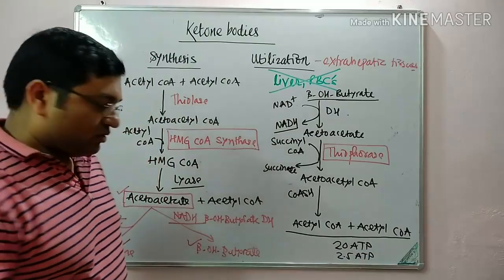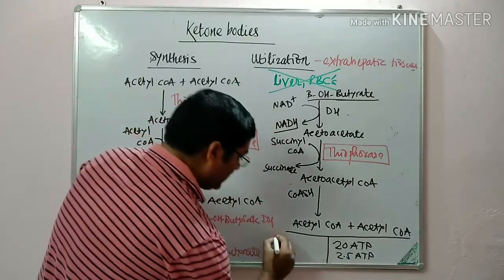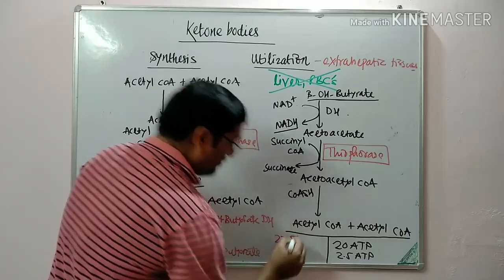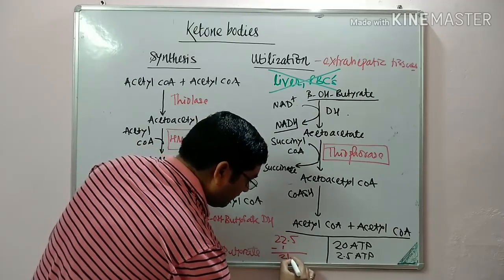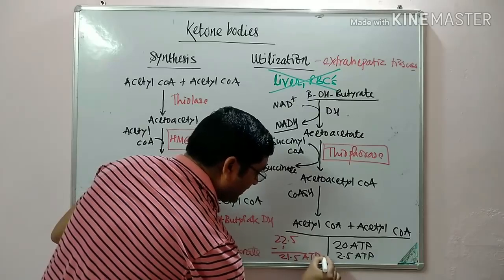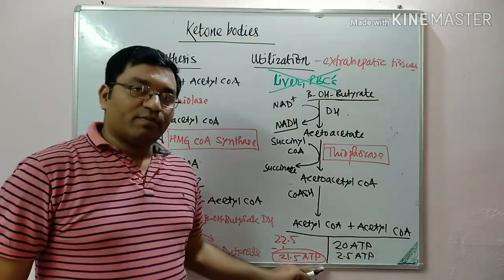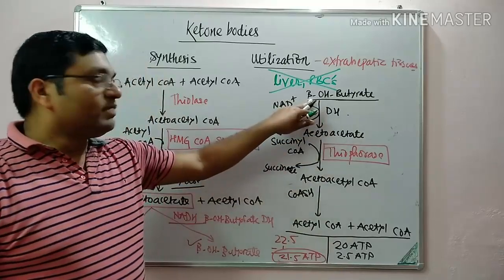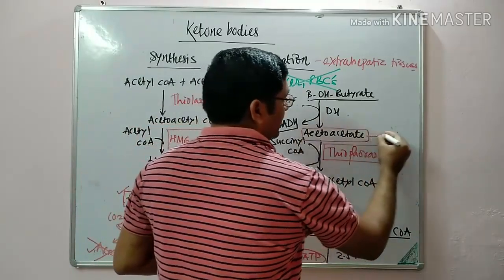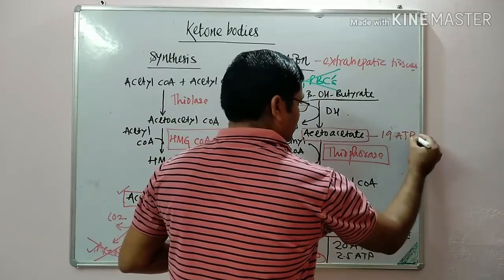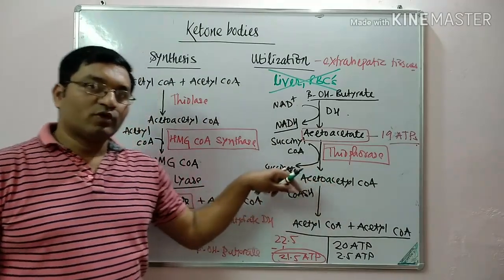So the total generation of ATP will be 22.5, and 1 is utilized, so there is minus 1, giving 21.5 ATP. So the net ATP generation by ketone body utilization is 21.5 ATP by beta hydroxybutyrate. By acetoacetate, it will give a net 19 ATP. So this is the degradation or utilization of ketone bodies.